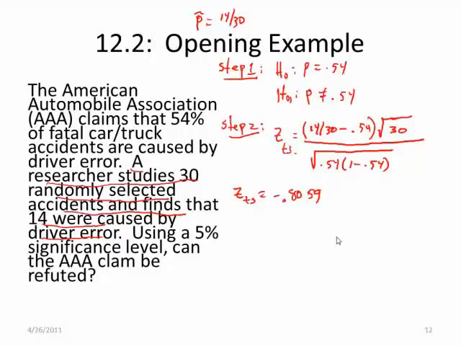For a large test statistic we reject, but this is a small test statistic, so intuitively we can figure out just by looking at it that we're going to fail to reject the null hypothesis.